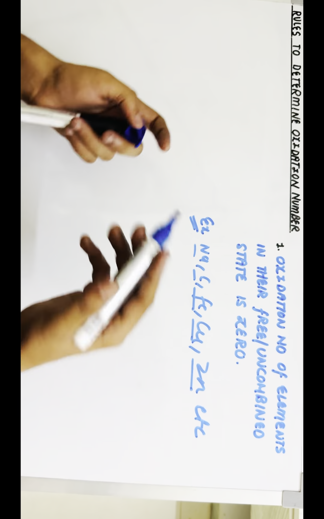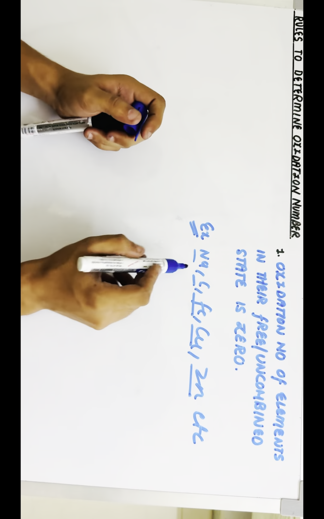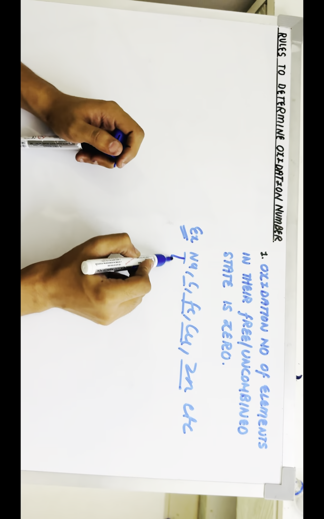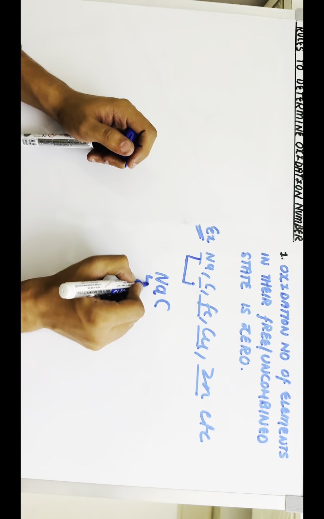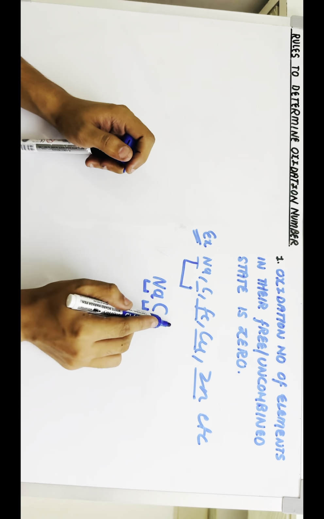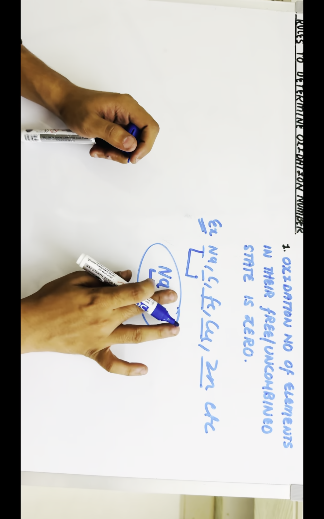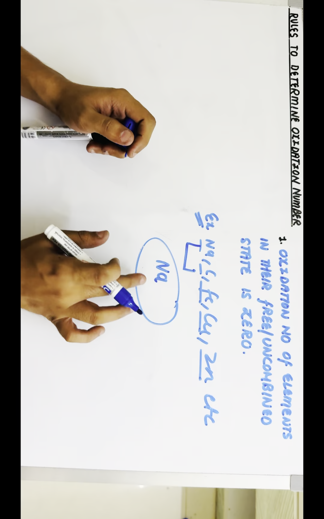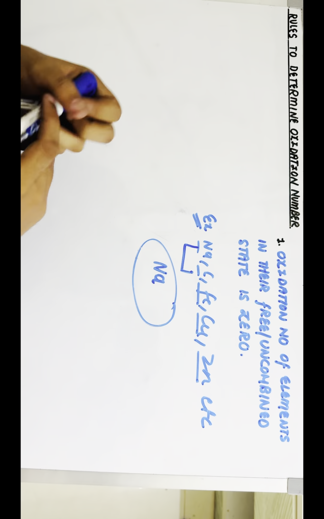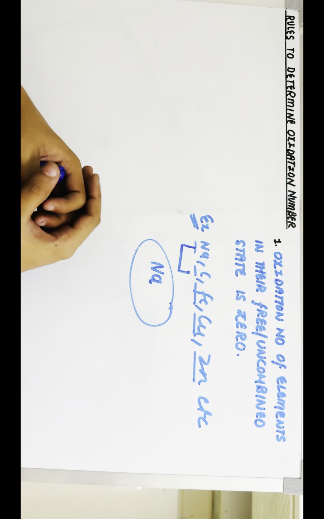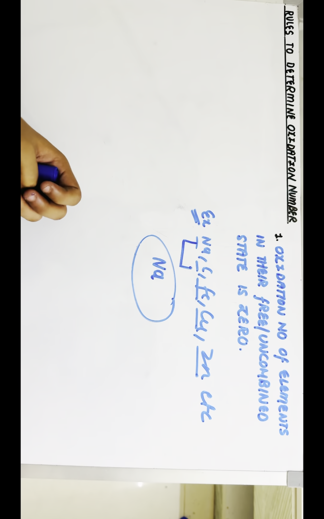They are not combined. What does combined mean? If I write NaC, now there are two elements, so now they are combined. But if there is only Na, the oxidation number of Na will be 0. If any element is alone, its oxidation number will be 0.